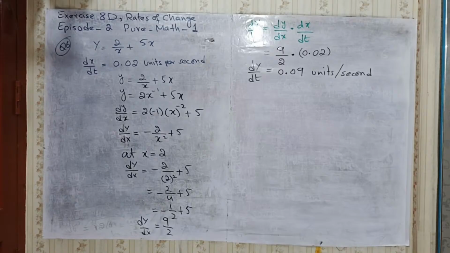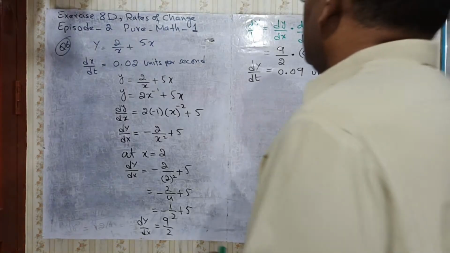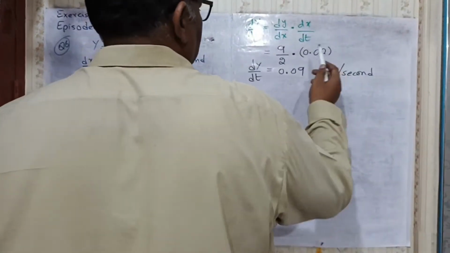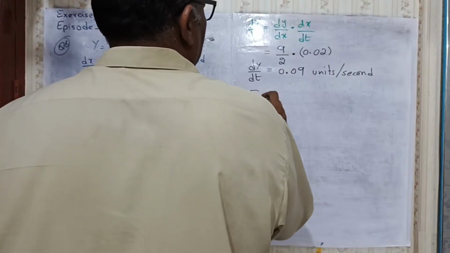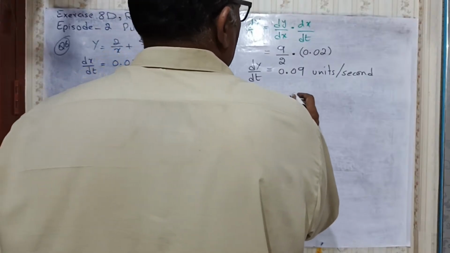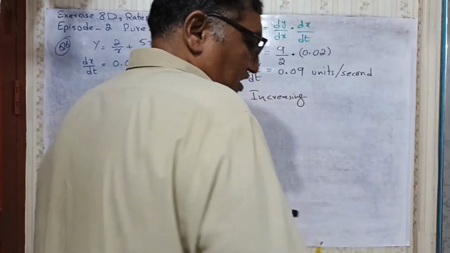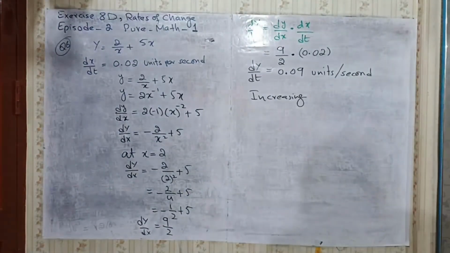Because this number is positive, that means it is increasing. The rate of change of y is increasing because dy by dt is positive.